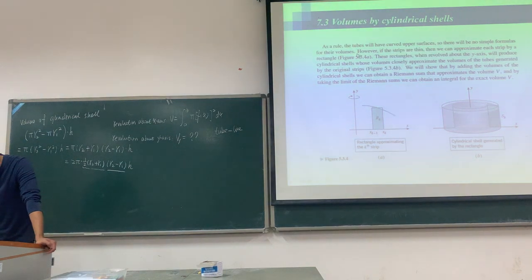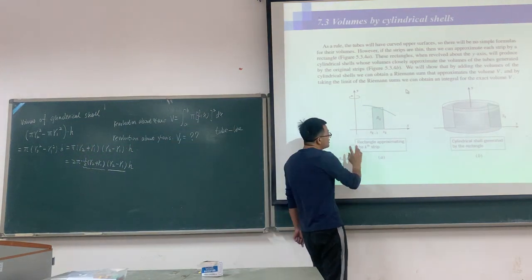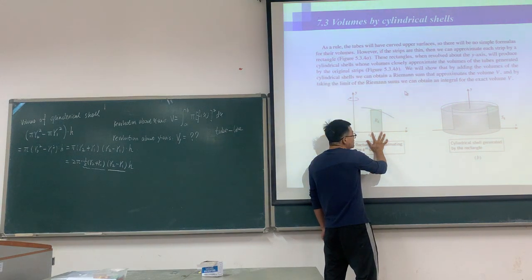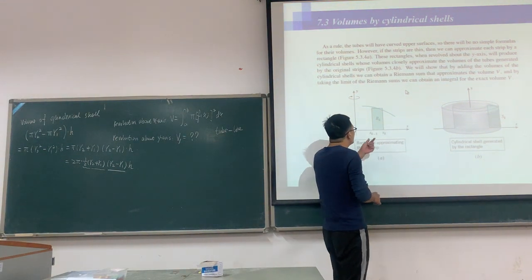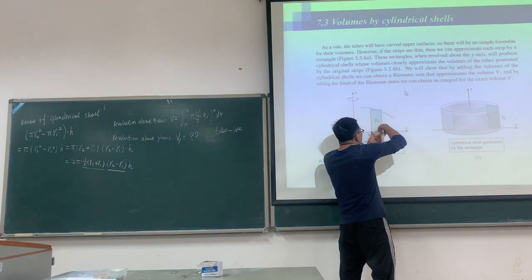As a rule, the tubes will have curved surfaces, so there will be no simple formulas for their volumes. However, if the strips are thin, then we can approximate each strip by a rectangle. Here this is Rn, the nth subinterval, so we can approximate the area of the kth strip Rk with a rectangle.